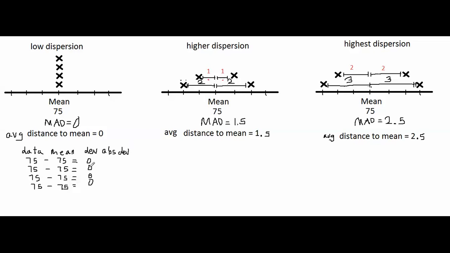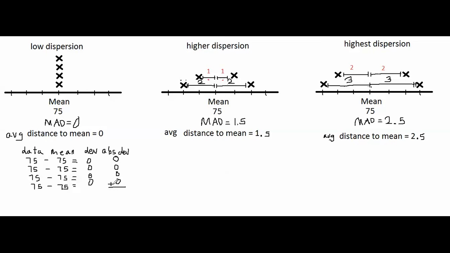If the deviations are all 0, then the absolute deviations are also 0, because the absolute value of 0 is 0. So I'm just going to copy the column over again, and every number in this column is just the absolute value of each number in the previous column. So 0 is the absolute value of 0, 0 is the absolute value of 0, and again 0 is the absolute value of 0.